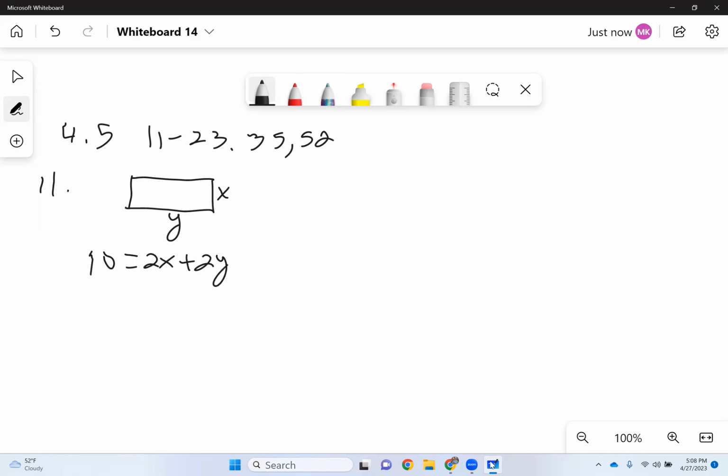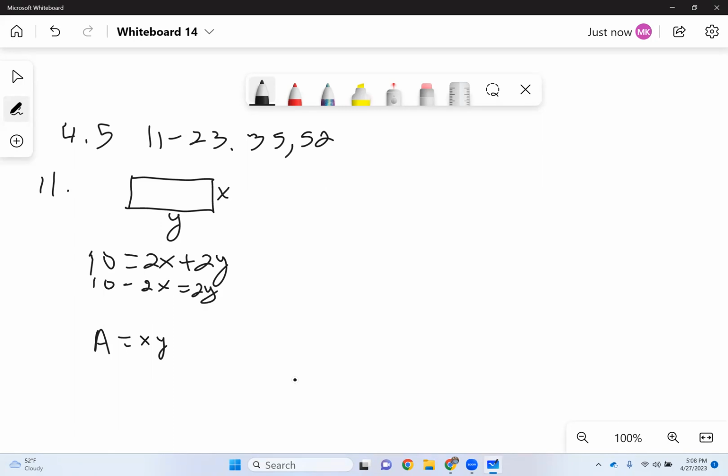Now it says which one has the maximum area. We know that area is x times y, and we're going to maximize area, so we need to have only one variable. Take away 2x from both sides: 10 minus 2x equals 2y.